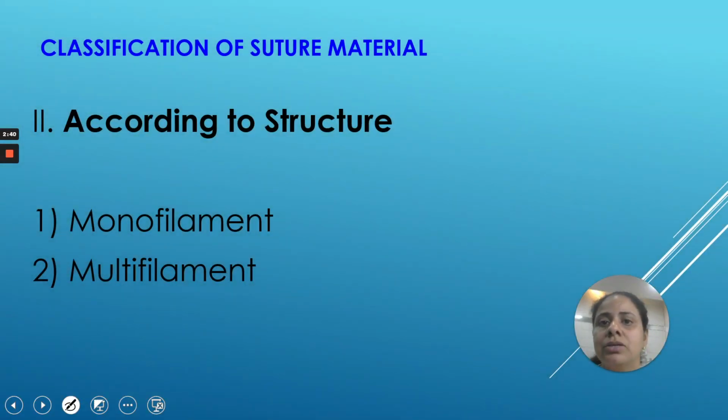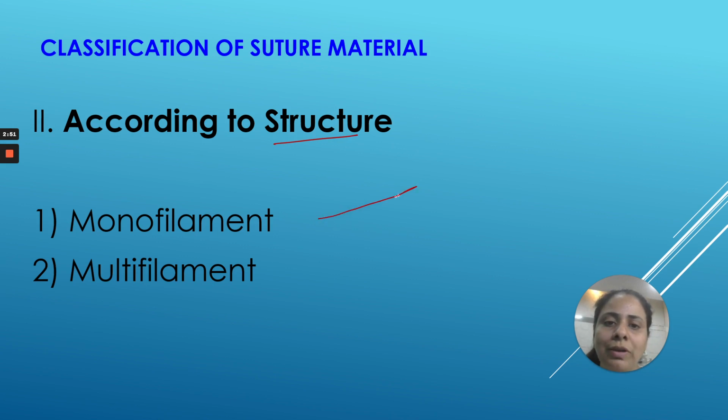And we can divide the suture material according to the structure also. Initially we divided them according to the material. Now we are dividing according to the structure. This is a monofilament suture material, meaning the suture material is made up of one single filament. And the other is the multifilament.